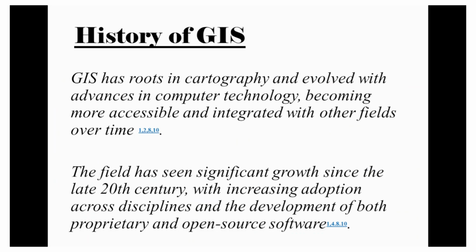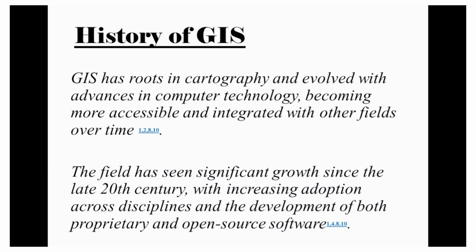A little bit about the history of GIS. GIS has its roots in traditional cartography or map making, but really began to develop as computers became more powerful. Before that, it was essentially traditional cartography.